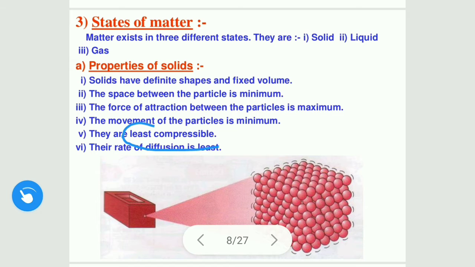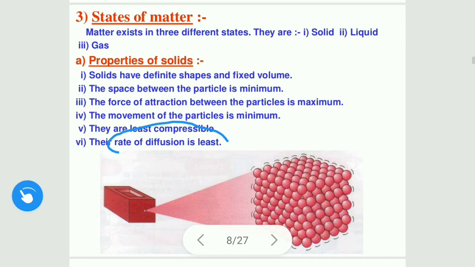They are least compressible, meaning when we try to apply some force, they will not get compressed. Rate of diffusion of solids is least compared to liquid and gas.